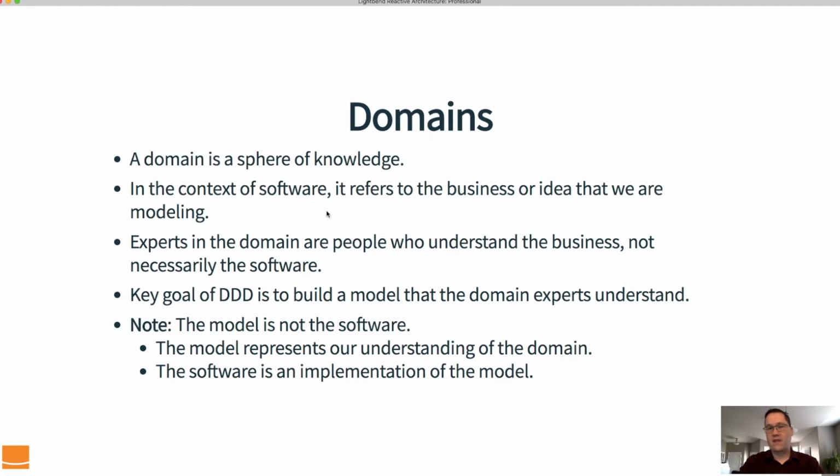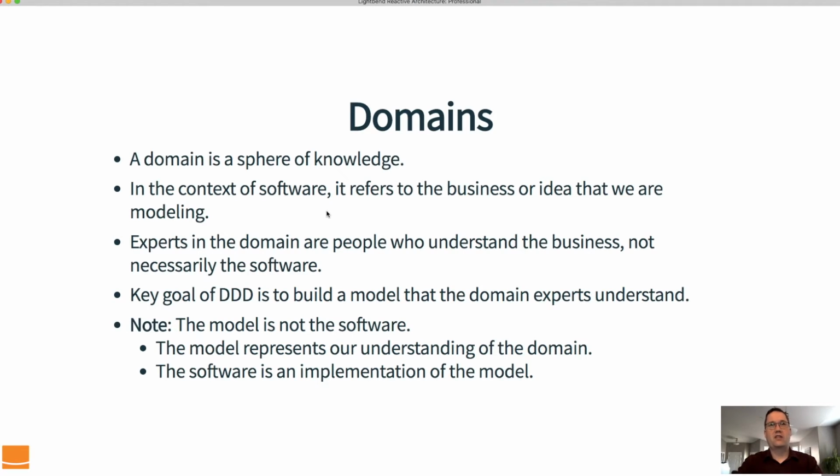We can implement that model in other ways. It doesn't have to be in software. If we implement the model, for example, using diagrams, then that would be another implementation. If we provide documentation around the model, that's another implementation of the model. So the model is not the software. The software is an implementation of the model, but the software should be implemented in such a way that it reflects the model.